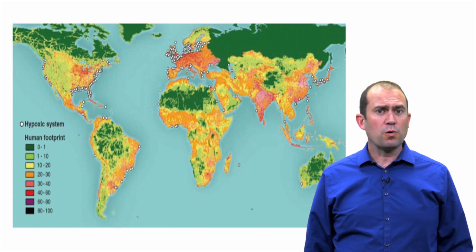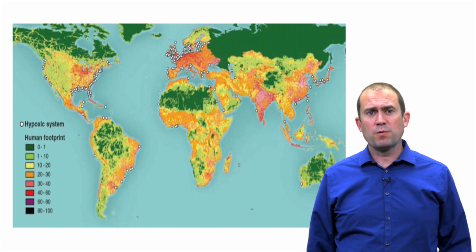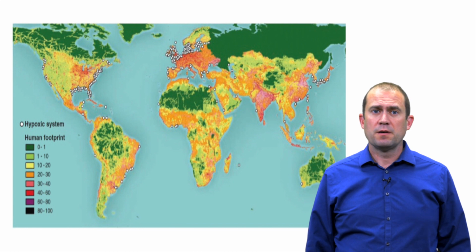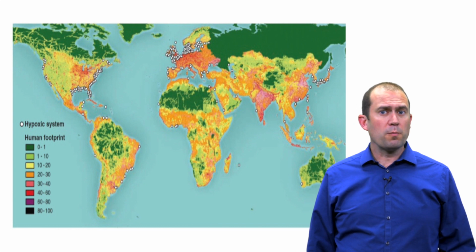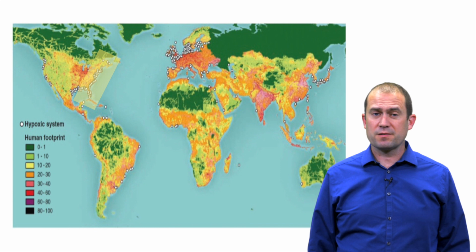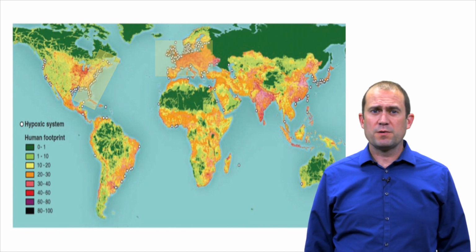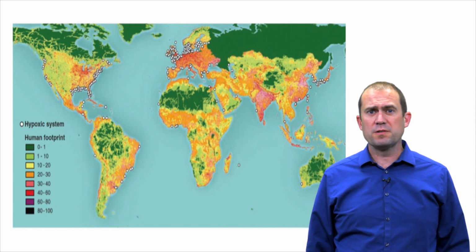These zones also correlate with what is called the human footprint, shown in colors, which is a representation of the impacts of human population on the environment, which is influenced by population, their consumption habits, and their impacts. Note here the warmer colors of red and purple in the eastern, southern, and midwestern US, as well as throughout Europe.